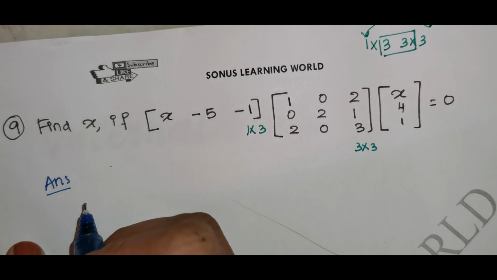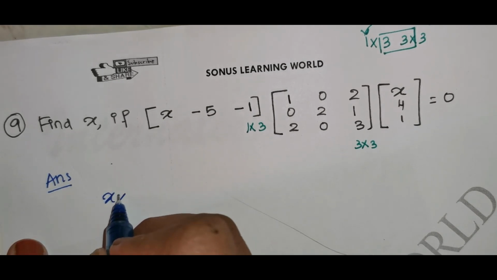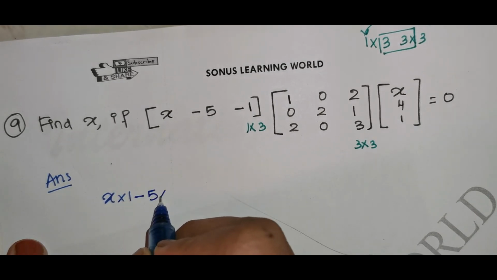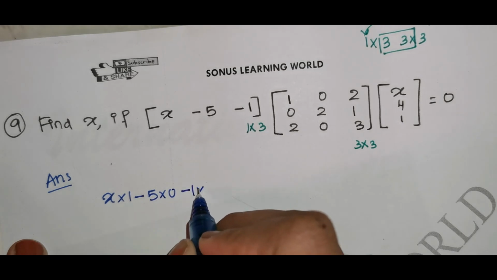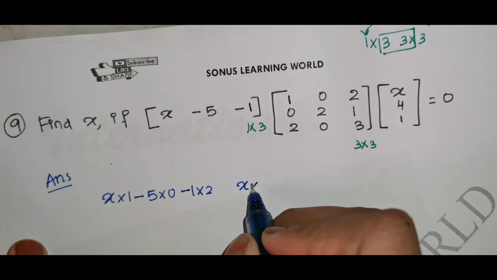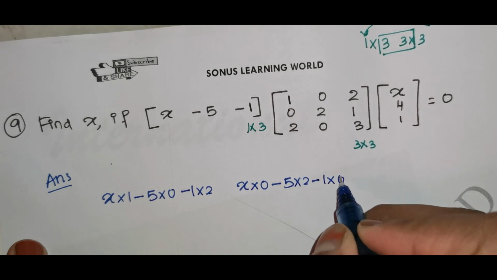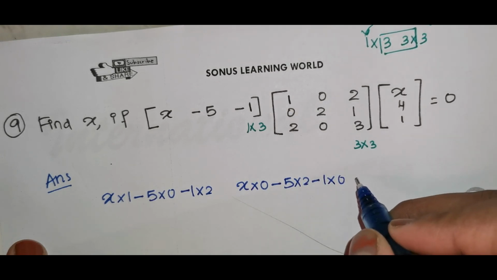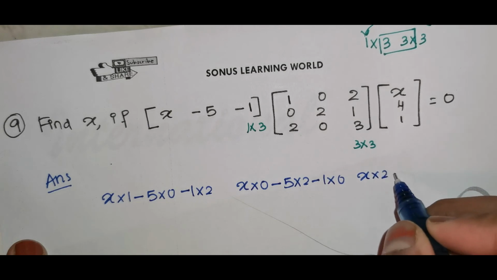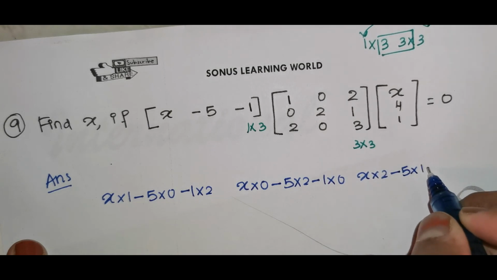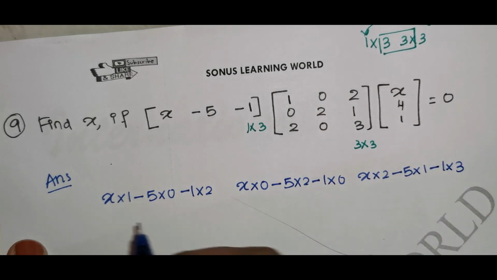Okay, so let me multiply: x into 1 minus 5 into 0 minus 1 into 2. Then x into 0 minus 5 into 2 minus 1 into 0. Next, x into 2 minus 5 into 1 minus 1 into 3.